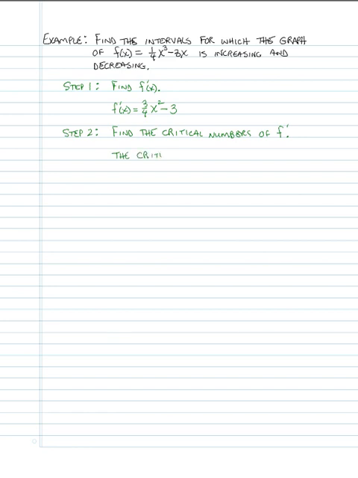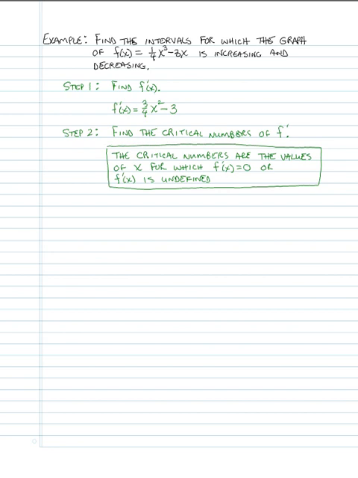The critical numbers are the values of x for which either f prime of x is equal to 0 or f prime of x is undefined. That's what the critical numbers are.